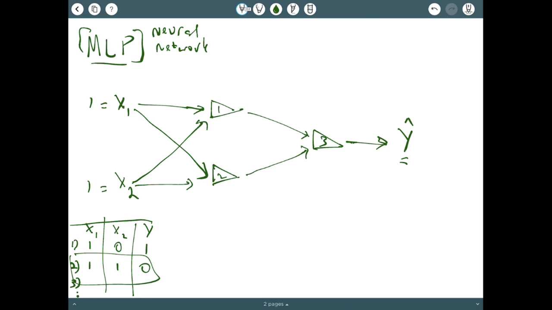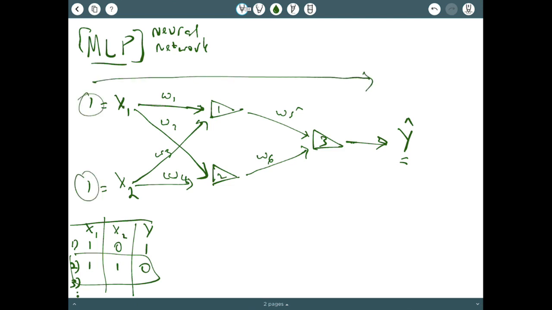When I say there are connections between them, these connections are really these things called weights. So weight 1, weight 2, 3, 4, 5, weight 6. There are all these connections, and the input propagates forward through the network to produce an output.